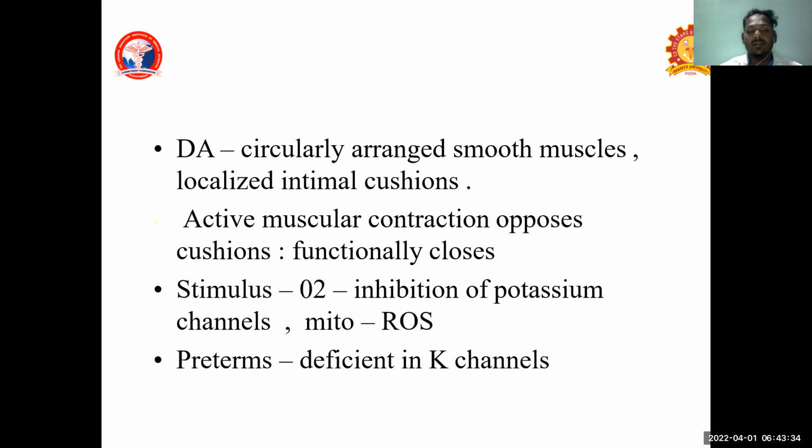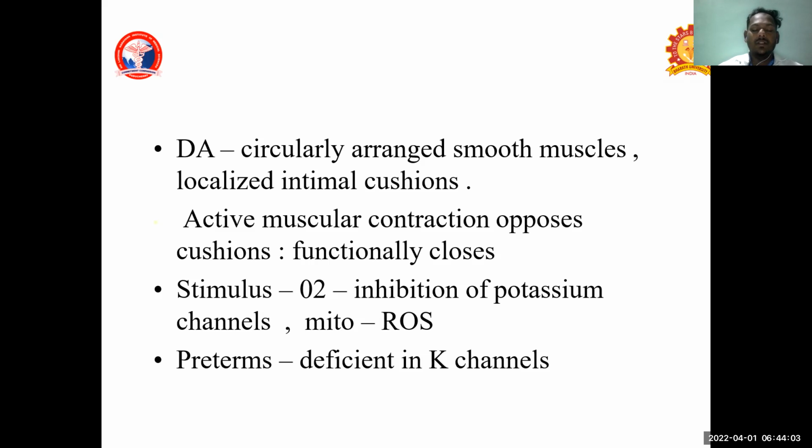Things which stimulate the closure of the ductus arteriosus include oxygen, which will inhibit the potassium channel. Then this acts on the mitochondria and nervous system. Hence, this produces active contraction of the smooth muscle and closes the ductus arteriosus.